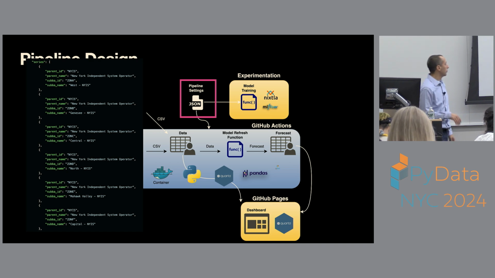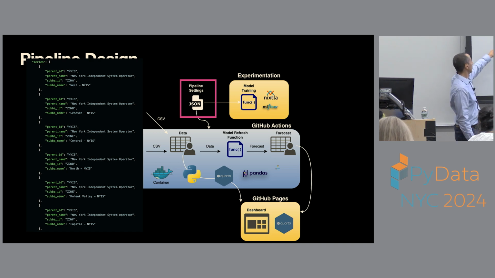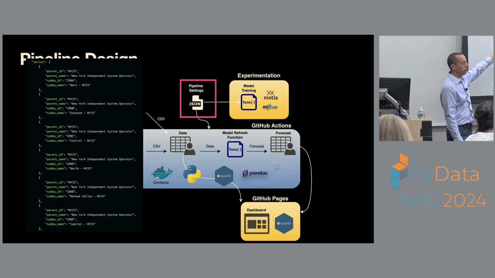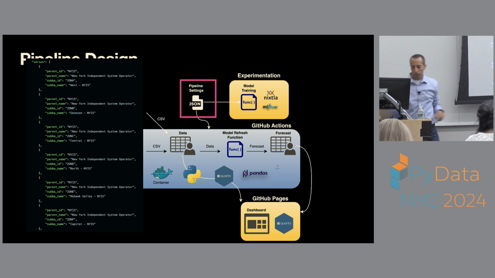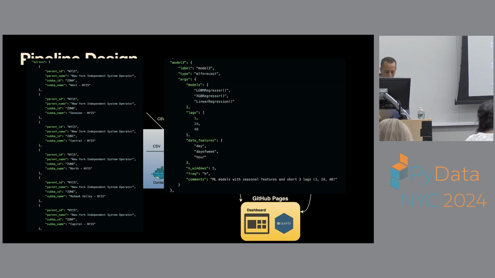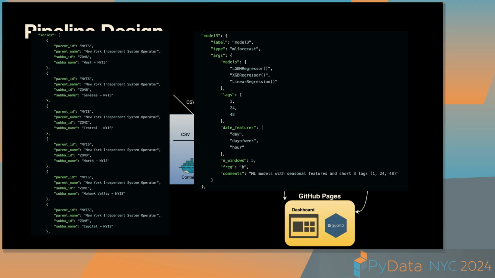So in the JSON file, this is where I'm setting the API schema for pulling each of the series. You can see zone E, zone D, the IDs and so on. And this is the modeling. For example, I'm running here a combination of regressions.